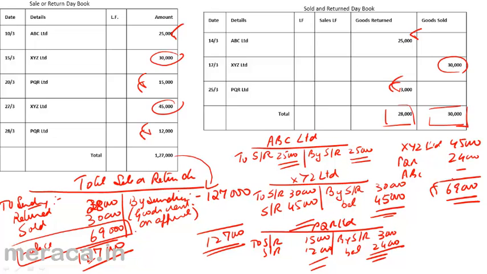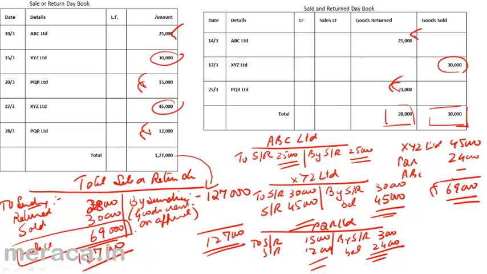What does this represent? The 69,000 in the total sale or return account represents the balance of stock lying with customers at the selling price. The balance in XYZ Limited's account of 45,000 is the balance of stock lying with XYZ.